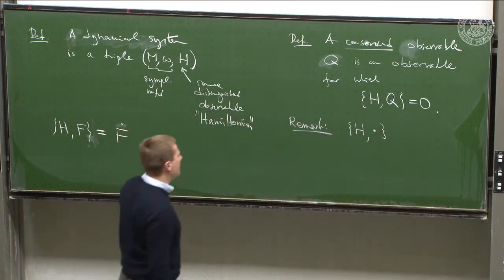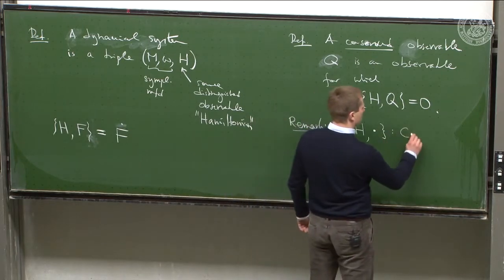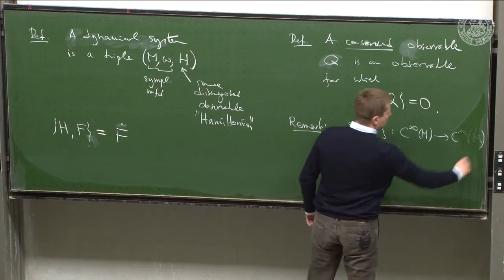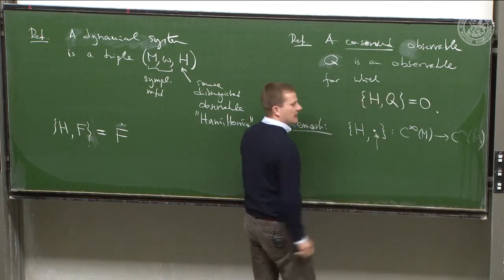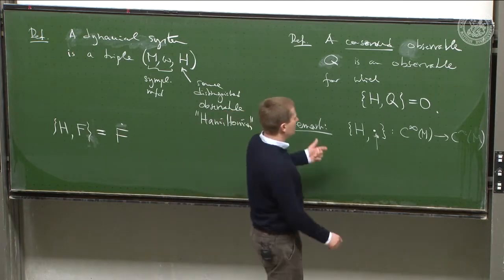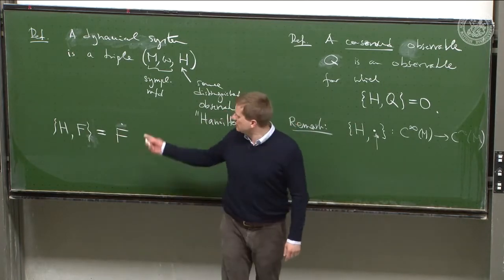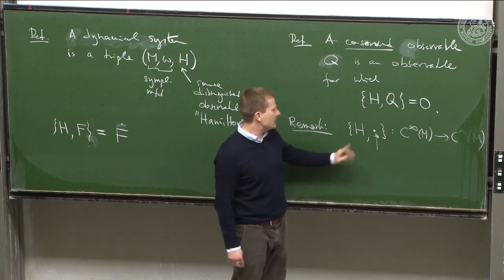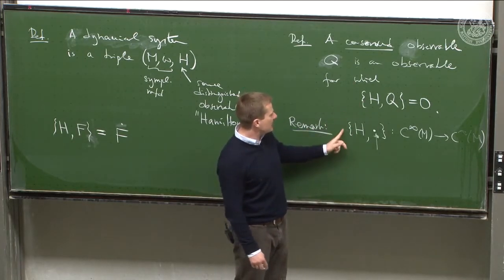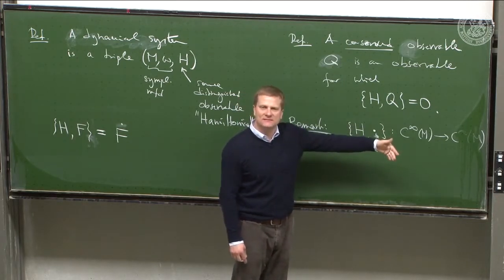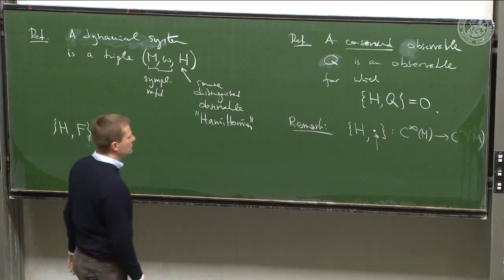Obviously, this is a map that takes an observable into an observable linearly, because it's the observable I can plug in here. Okay, so these guys appear, for instance, if you write down the formal solution of this problem, you write it as e to the, if the H is time independent, e to the t times this object, which then acts repeatedly, and you expand the solution.